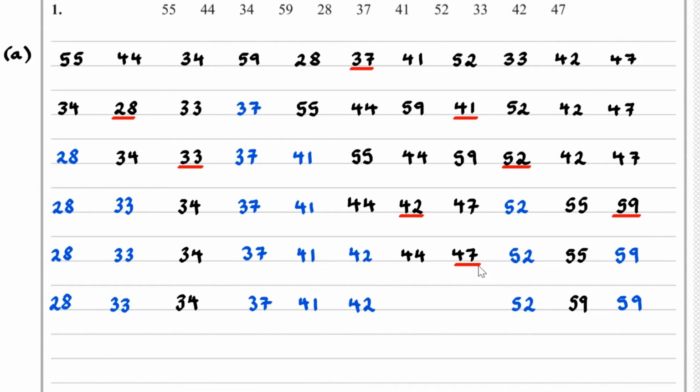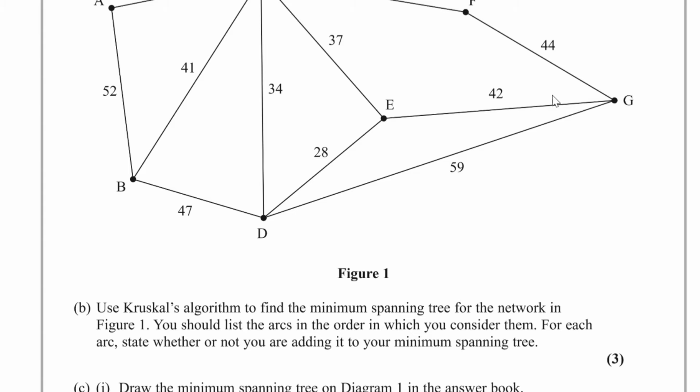Now 44 is smaller than 47, so 44 goes here, and then the 47 would go here. Now you can see the 34, the 44 and the 59, we've got nothing to compare those with because they are in between pivots, and therefore the sort is complete.